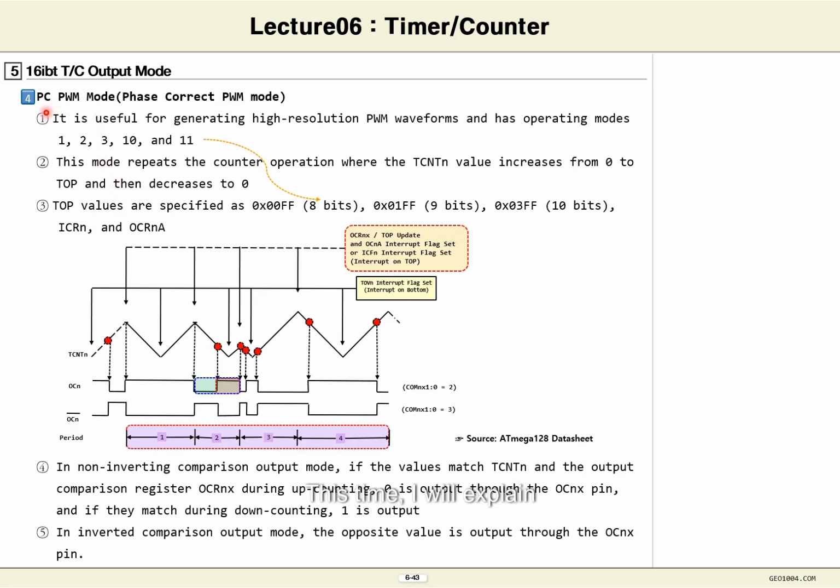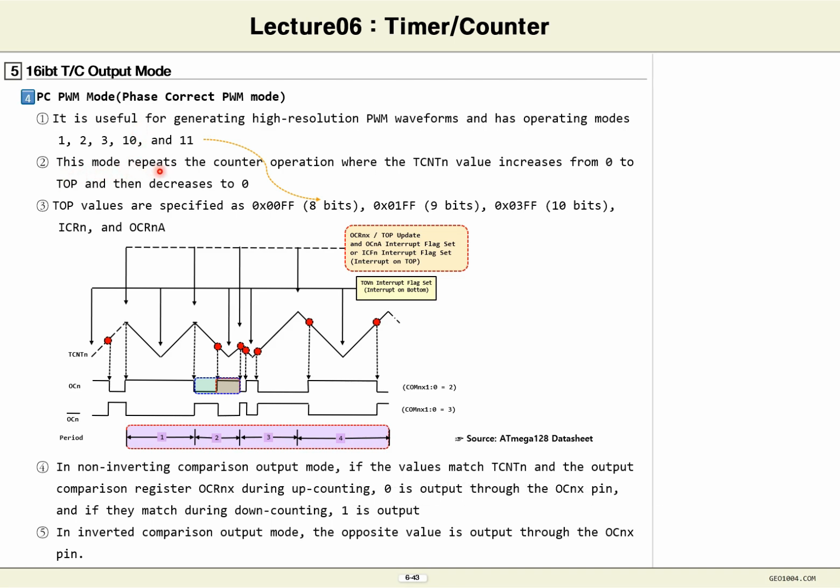This time, I will explain phase correct PWM as the fourth content. This mode corresponds to modes 1, 2, 3, 10, and 11. It can be useful for generating high-resolution PWM waveforms.